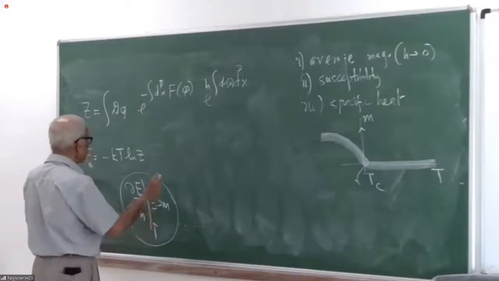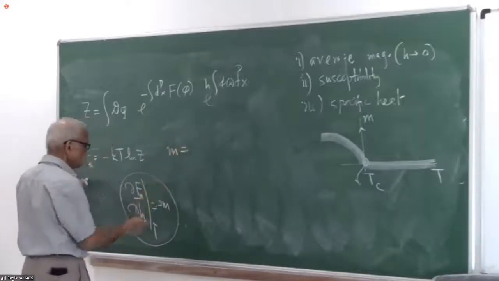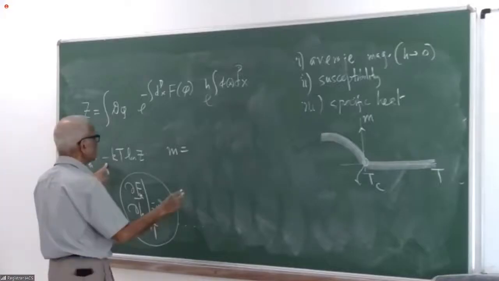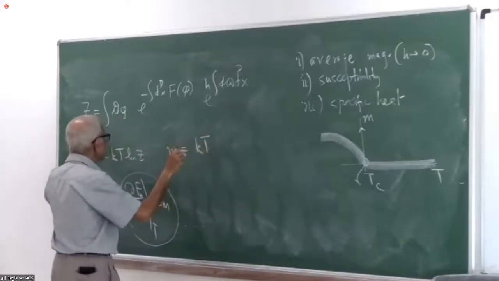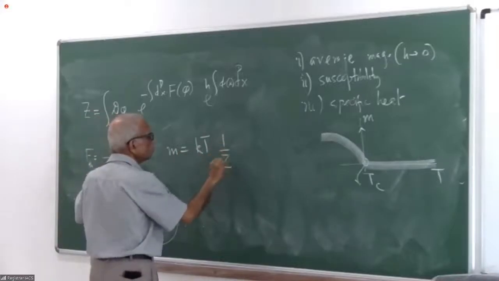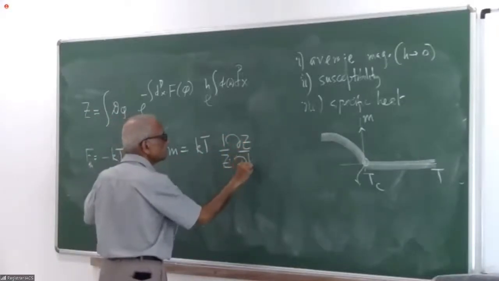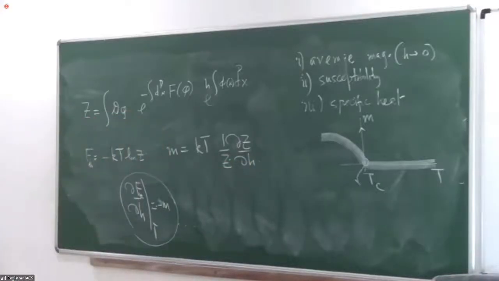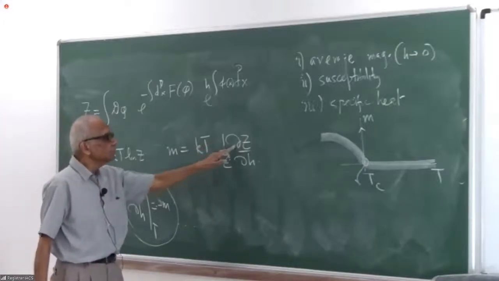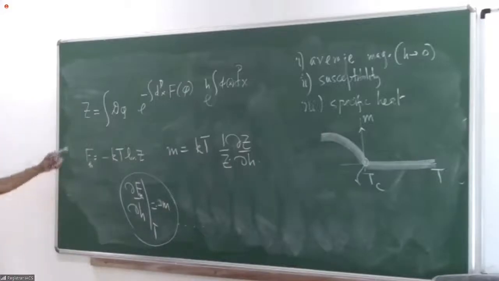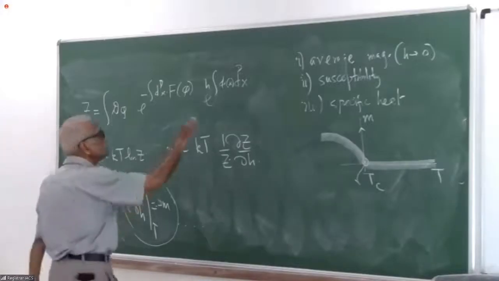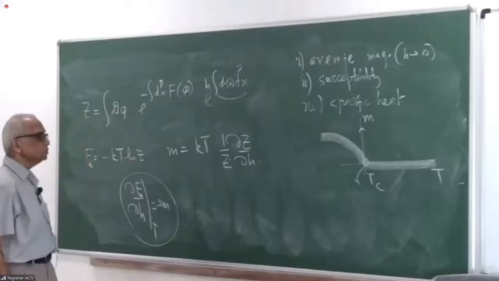So it is log Z which is given by that, and now it is equal to del F del H, so this is M over here, so minus M, minus sign taken out, kT, this is Z as a function of H, so it is 1 over Z del H. So M is equal to kT 1 over Z del H. Now here is your Z over here, and therefore now you are going to take a derivative with respect to H, and that derivative is going to bring down this quantity over here.